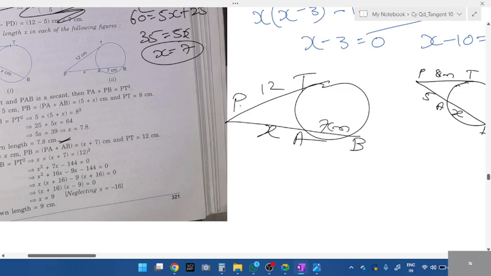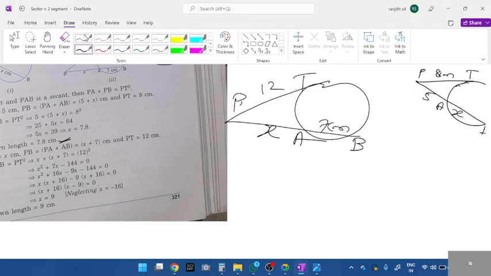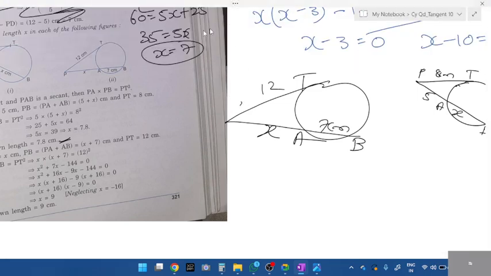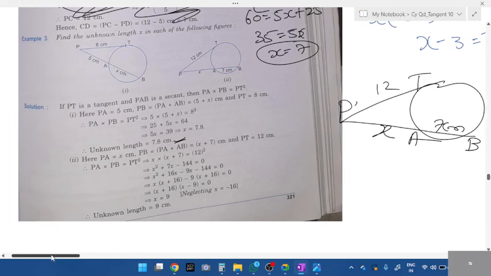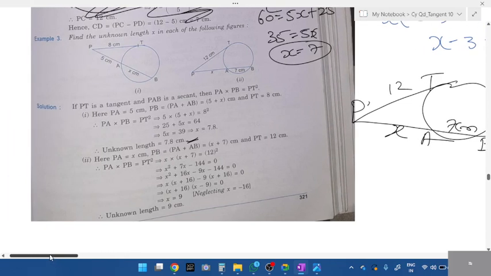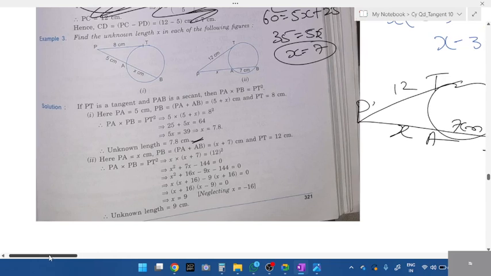AB is 7 centimeter, PT is 12. What do we need to find? Find the unknown value x.